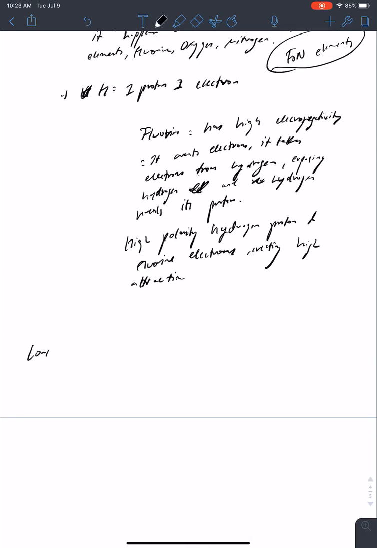So these are the relationships. We know that London forces is the weakest, and we have dipole, and then we have hydrogen bond.